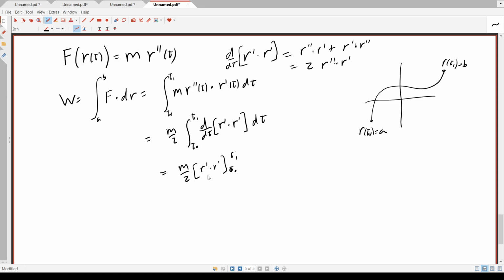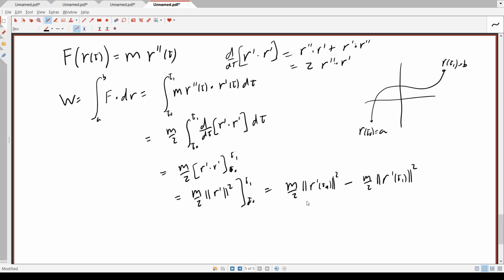Okay, so r prime, that's just going to be the velocity. So this is m over 2, r prime dot r prime, that's the magnitude of r prime squared from t0 to t1, which gives me m over 2 times the magnitude of r prime, the velocity, at t1 squared minus m over 2 times r prime at t0 squared.